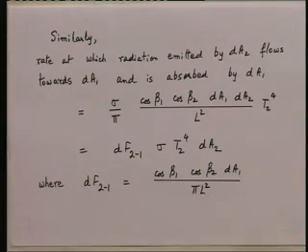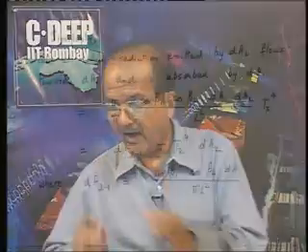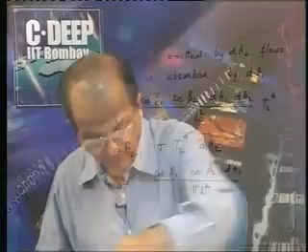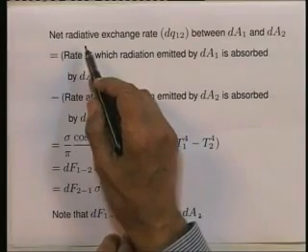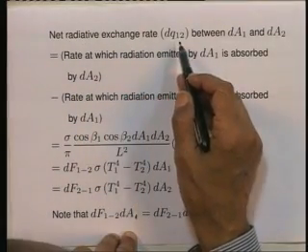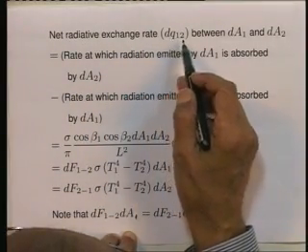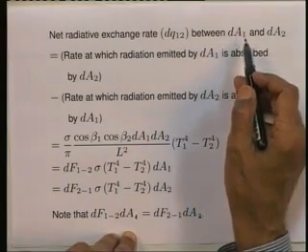Okay. So, we have got two expressions: rate at which radiation emitted by dA1 flows towards dA2 and is absorbed by dA2, and a second expression, rate at which radiation emitted by dA2 flows towards dA1 and is absorbed by dA1. Therefore, the net radiative exchange rate, which we will call dQ 1 to 2, between dA1 and dA2.